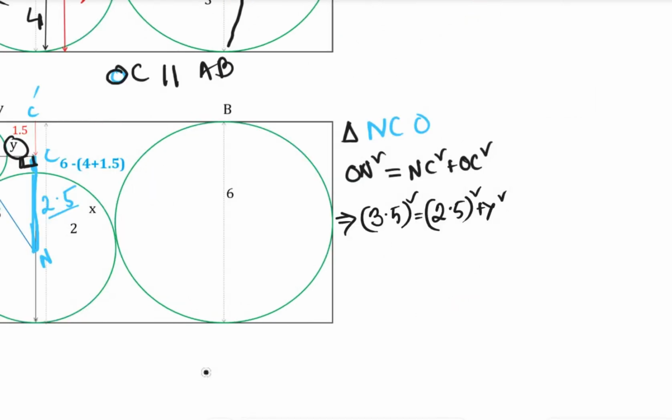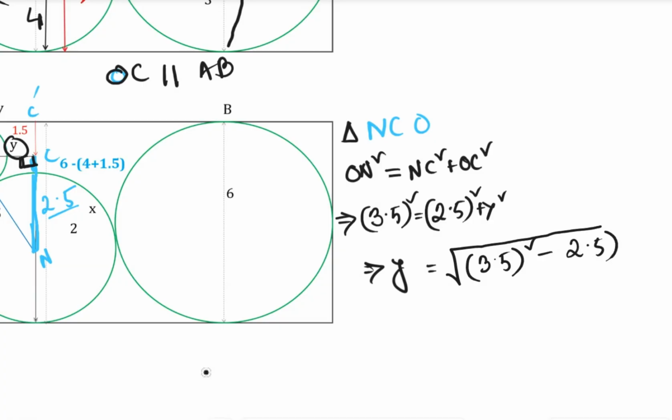So Y equals square root of 3.5 whole square minus 2.5 whole square. Careful here, most of the students make a mistake here. Sometimes they write square root of 1, because this is 3.5 and 2.5. But this is actually not only 3.5 and 2.5.